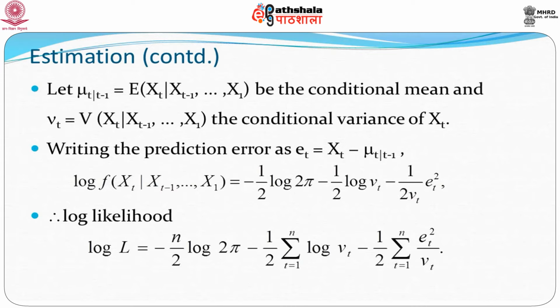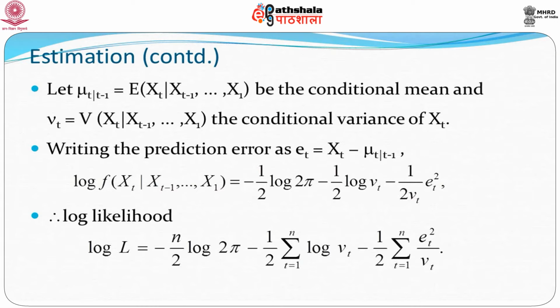Similarly, eta t would be the conditional variance of x t. Once we are given mu t given t minus 1 and eta t, we can write the prediction error as x t minus mu t given t minus 1, and we will call this E t. So, E t is the prediction error.